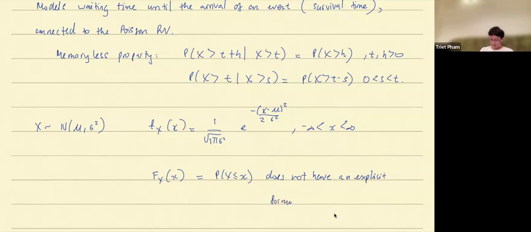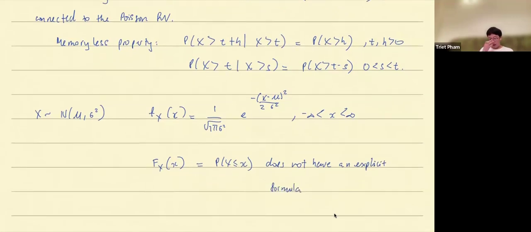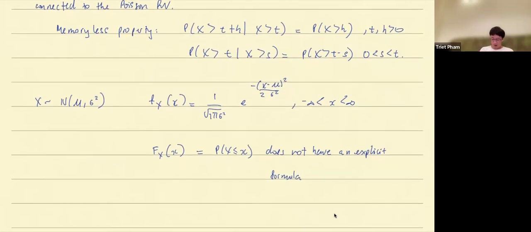The one that we invoke a lot of the time is the standard normal. The standard normal, of course, has the PDF 1 over square root of 2 pi e to the minus x squared over 2.